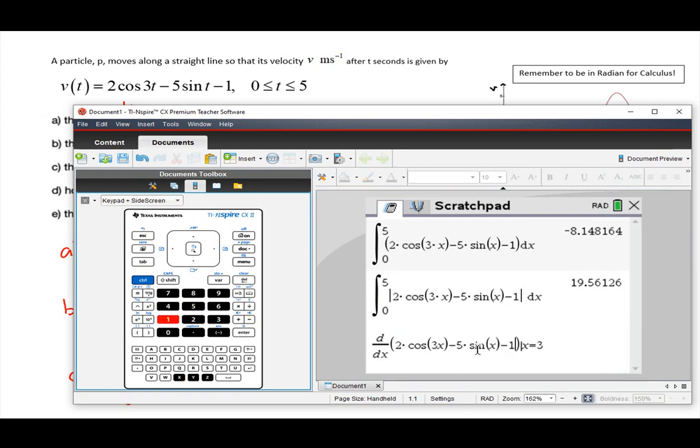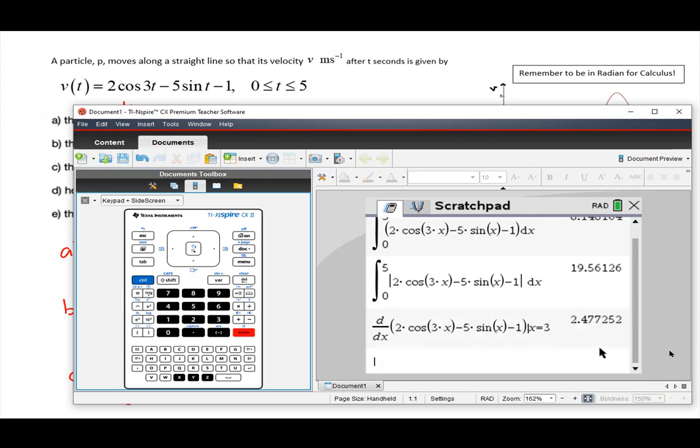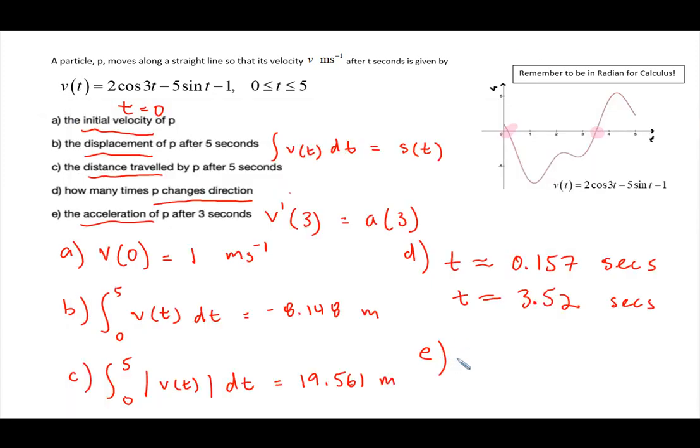Double check, everything is typed in correctly. Go ahead and click enter. 2.48. So the acceleration is 2.48, and the units for acceleration is meters per second squared.